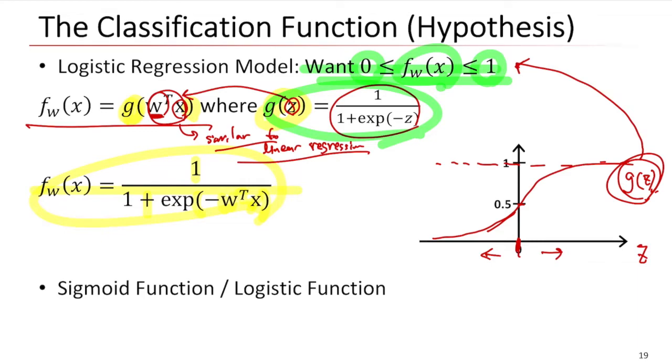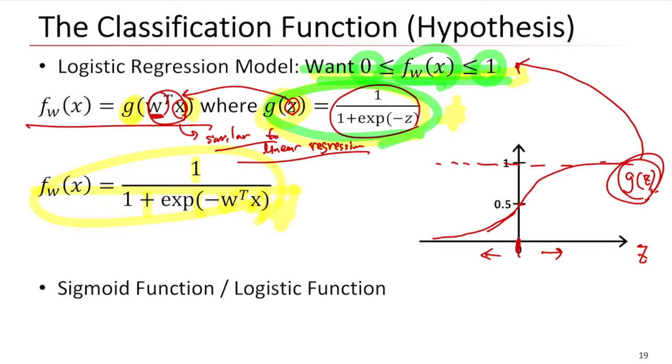Some of you may have a question: why do we have to use this model? Because we can make another nonlinear function that satisfies this constraint. Then why should we use this one? You're right. Actually, we can use any kind of nonlinear function that satisfies this constraint.